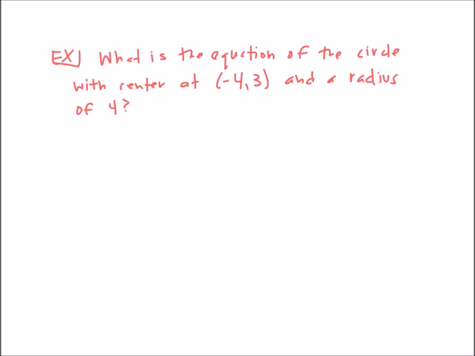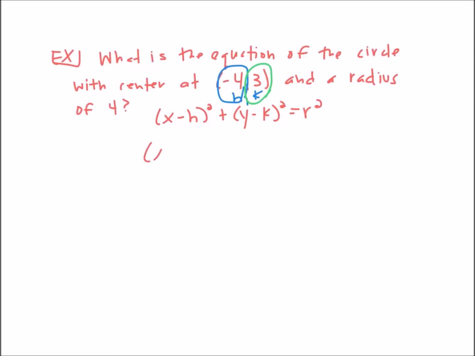All right, well, all we do is we take our standard form, which again is x minus h squared plus y minus k squared equals r squared, and I'm going to plug in my values. Our center, remember, is of the form (h, k). So in our case, our h is -4, and our k is 3. So that's what we're going to plug in for those values.